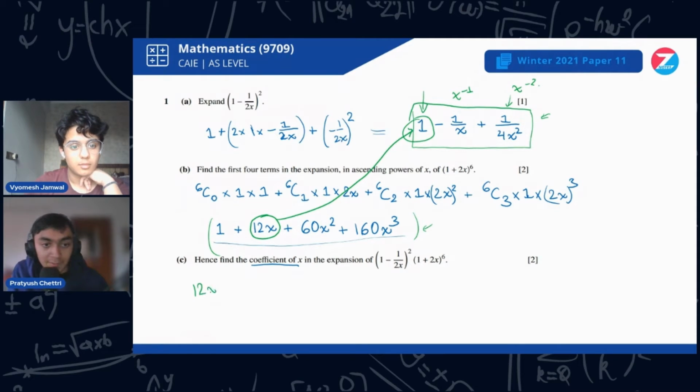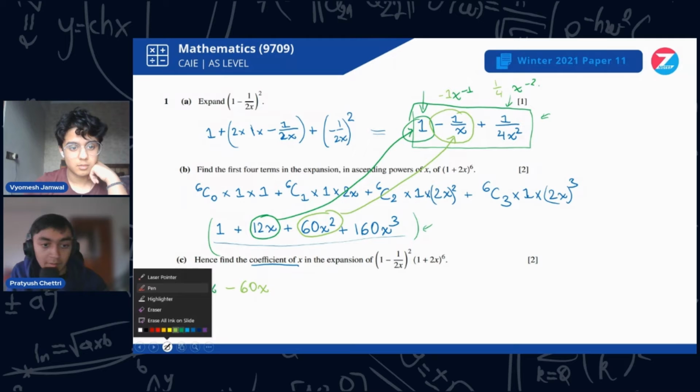So 12x. Now I'm going to multiply x squared times x power minus 1, which still gives me an x. The coefficient of x power minus 1 is minus 1 upon 1 over 4. So 60 times minus 1 is minus 60x.